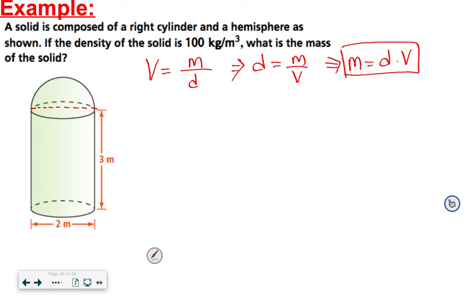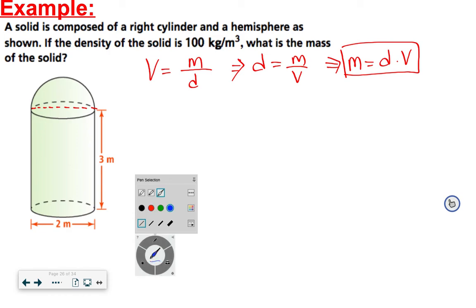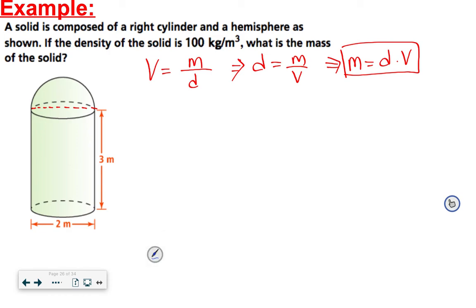We already know what density is, 100 kilogram over cubic meter. To be able to find the volume, there are two figures. Let me say that V1 means the volume of the hemisphere. V2 describes volume of cylinder. Let me find first volume 1. This is hemisphere. How can you find the hemisphere? 4 over 3 pi r cubed over 2.